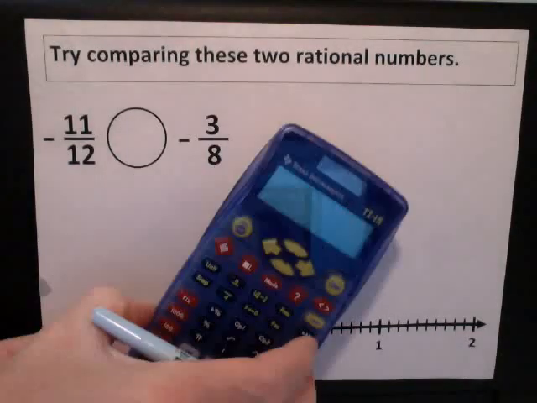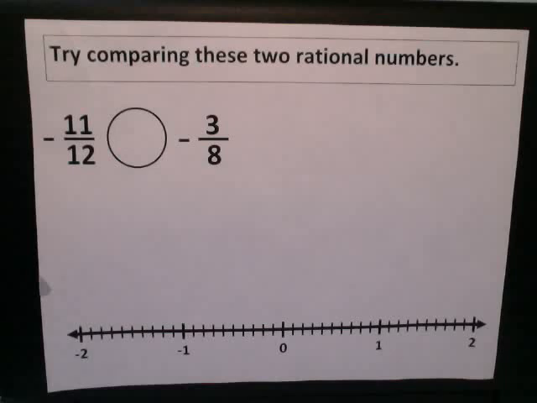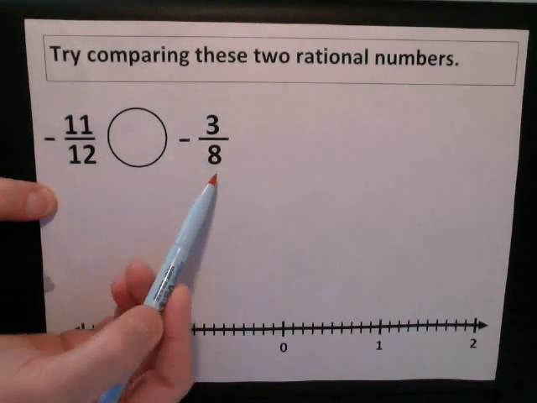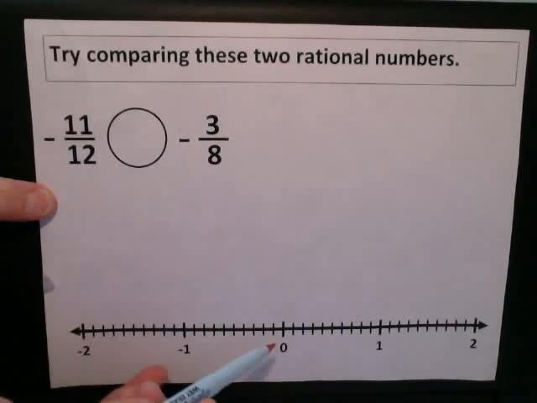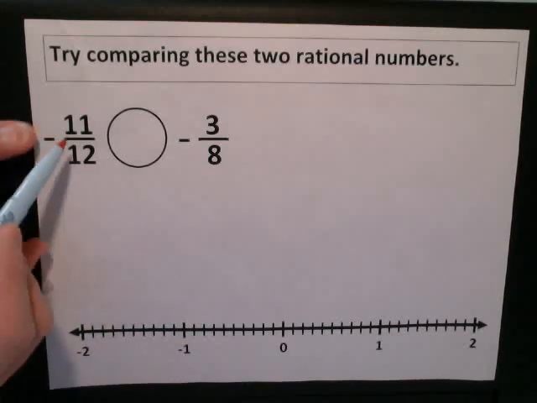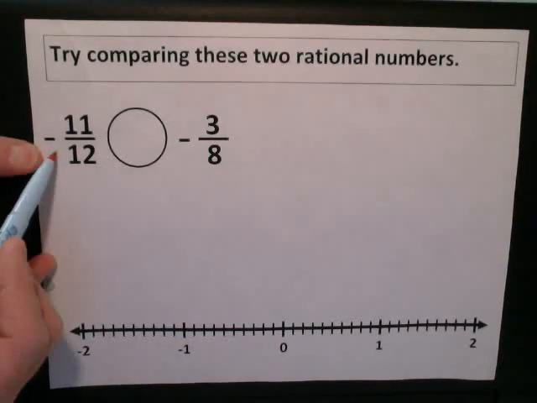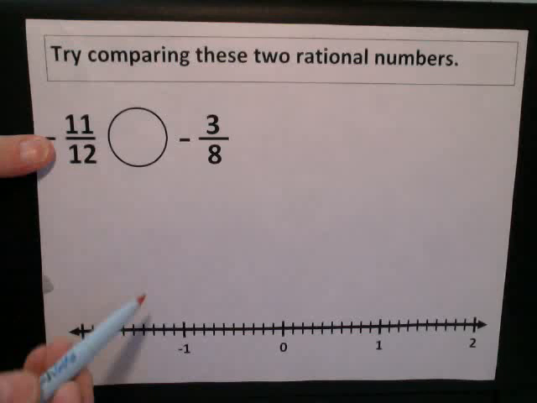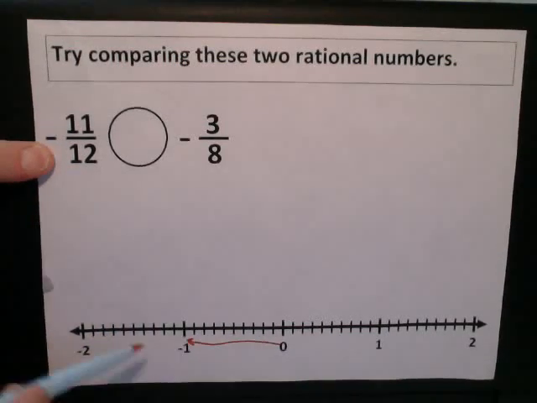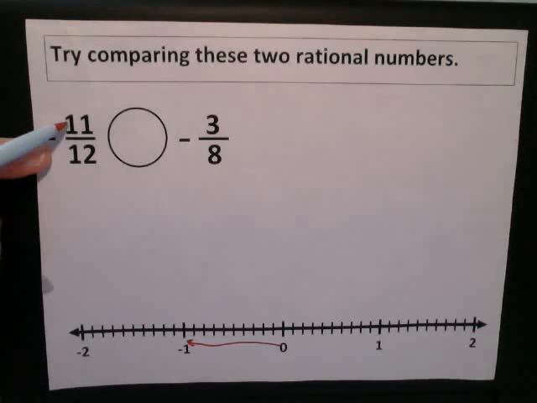Now, you may have used a calculator or you may have used division. I'm simply going to use division because I can't picture negative 3/8 on the number line down here. I have a general idea where it might be. Negative 11/12, well, obviously this is going to be real close to one whole unit because it is very close to having 12 out of 12.